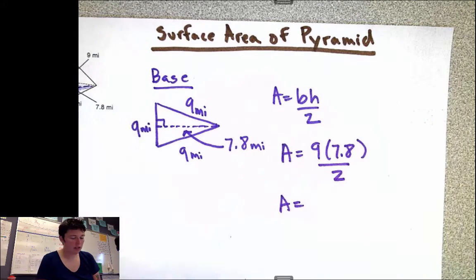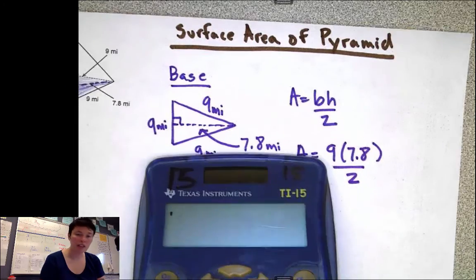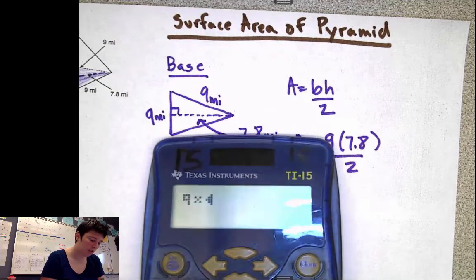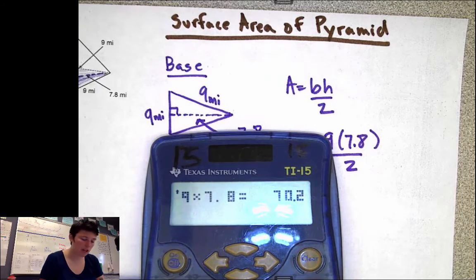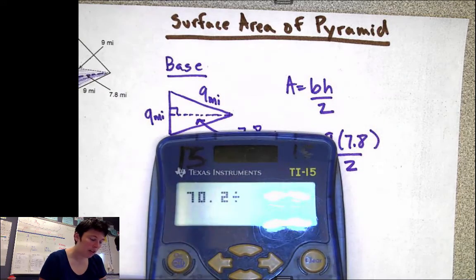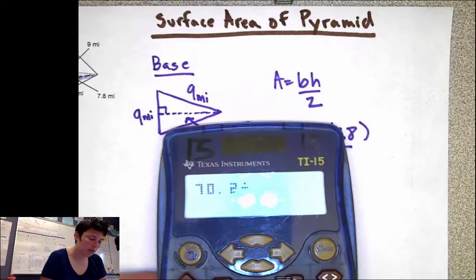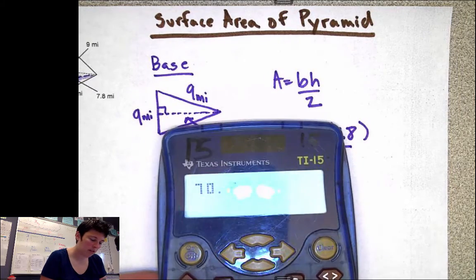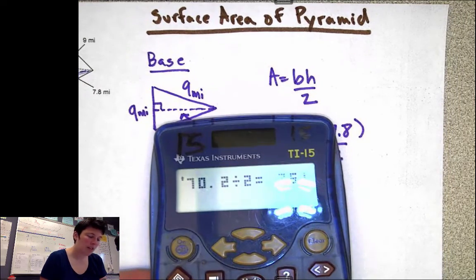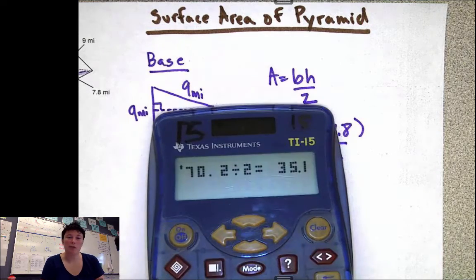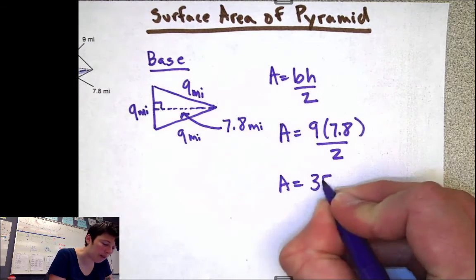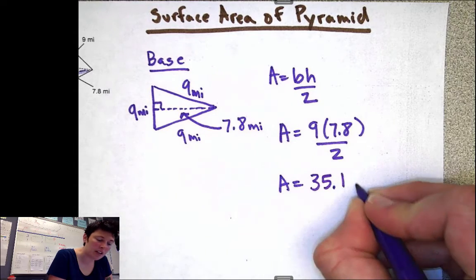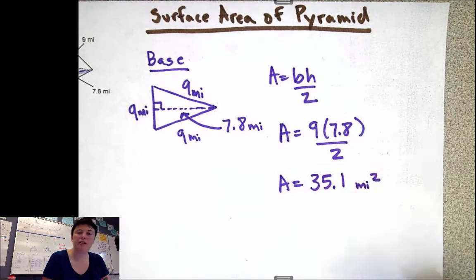Let's do 9 times 7.8. That is 70.2, and then we're going to divide by 2, and we end up getting 35.1. So our area of the base is 35.1, and technically it's miles squared.